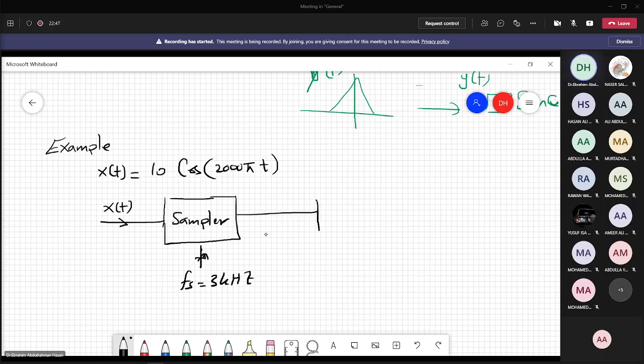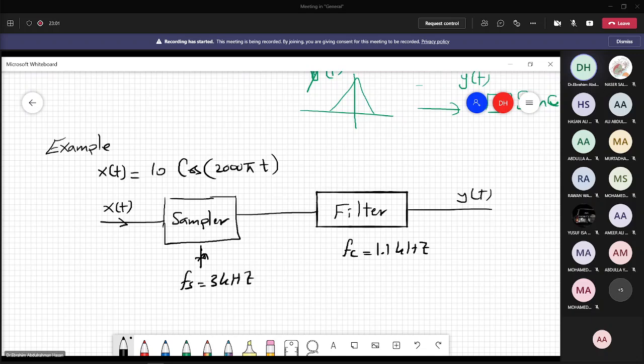Then we take it to a filter with cutoff frequency equal to 1.1 kilohertz, and this is my y of t. Let me see whether with this fs and fc we can get the original signal, that is, whether we can reconstruct it.